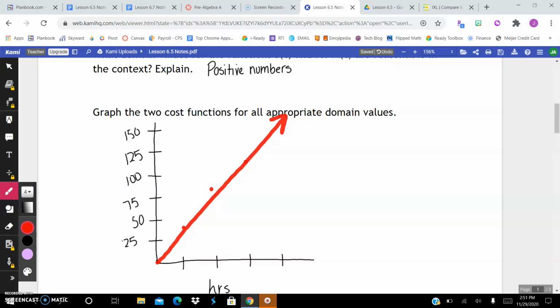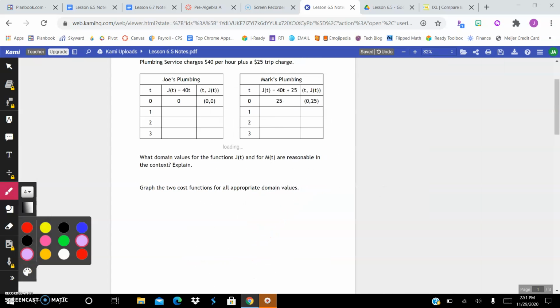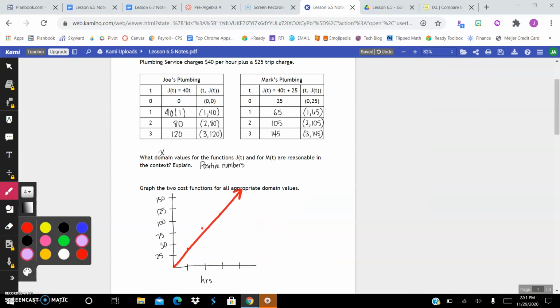Something like that. Then I'm going to change the color for Mark's, and he starts at (0, 25). So he's going to start here, and then (1, 65), (2, 105), and (3, 145).